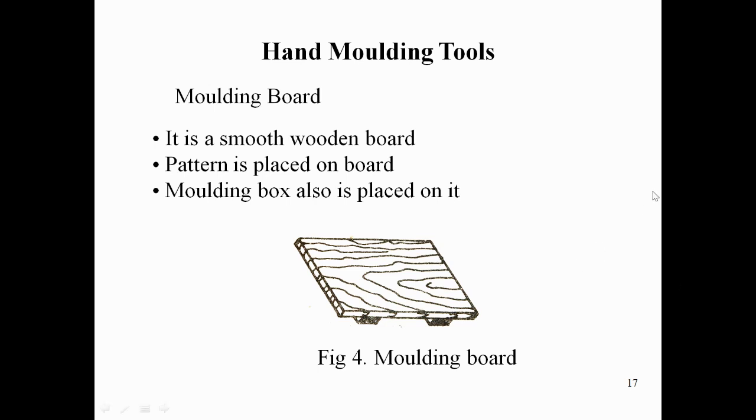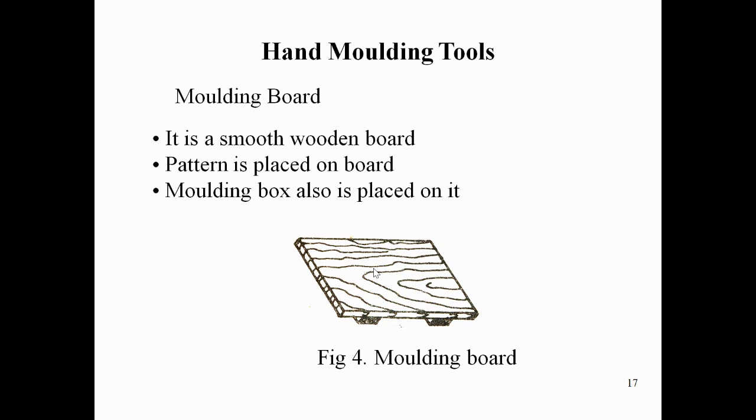Before placing the molding box, we have to check whether the board is smooth or not. Then place the pattern in the middle of the molding board, and then place the molding box on top of the pattern.